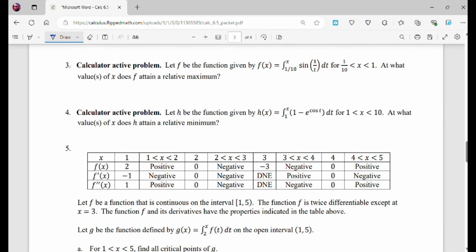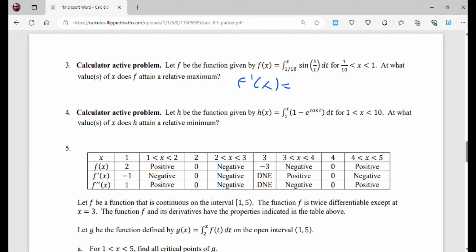Okay, let f be the function given by f of x equals the integral from 1 over 10 to x of sine of 1 over t dt, for x from 1 over 10 to 1. At what values of x does f attain a relative maximum? So for a maximum, we have to find critical points.